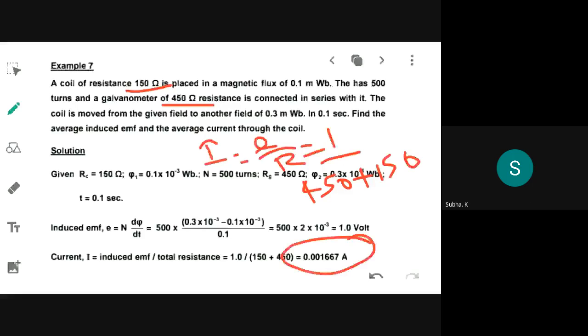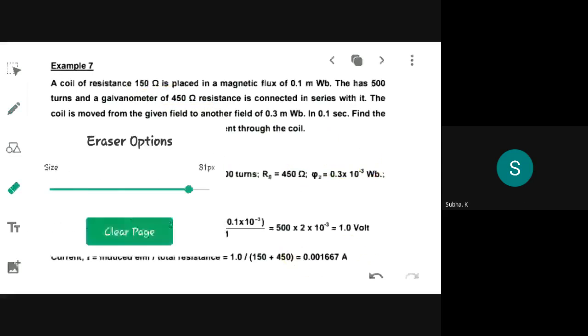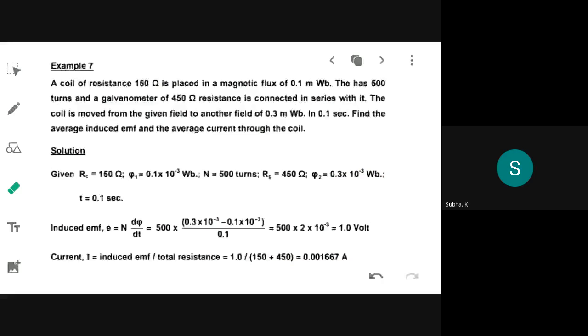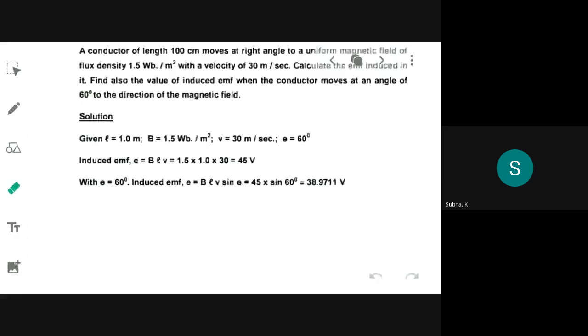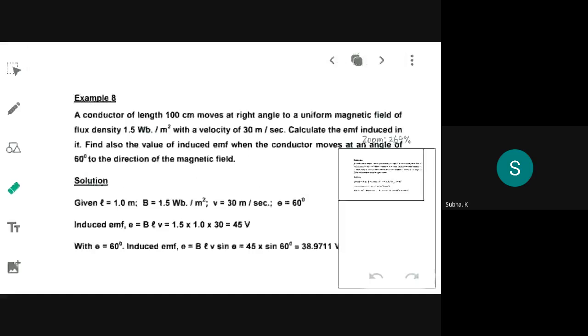What is 1 by 600? 0.00167, that is 1.67 into 10 raised to minus 3. This is one simple problem that might be asked in a 4-mark question. Now you read this problem and tell me what they have asked here.